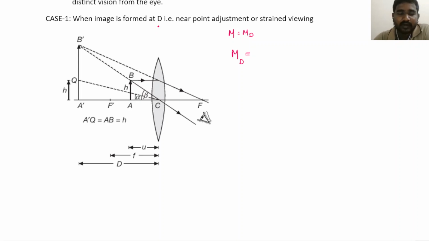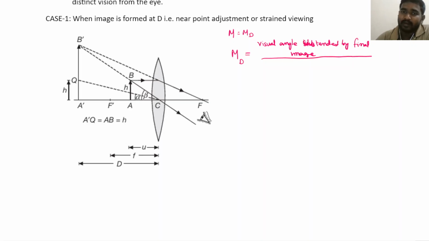In this case, the formula is the visual angle subtended by the final image divided by the visual angle subtended by the object when kept at capital D, the least distance of distinct vision.